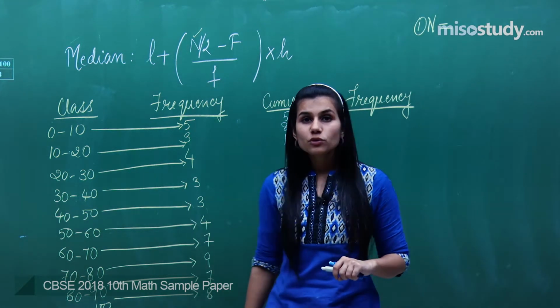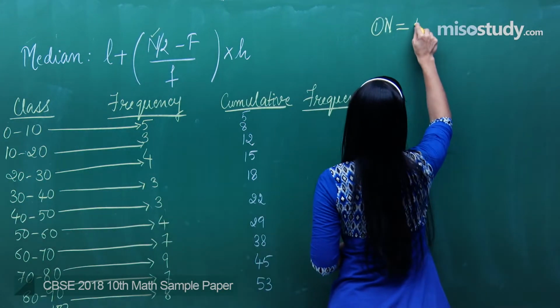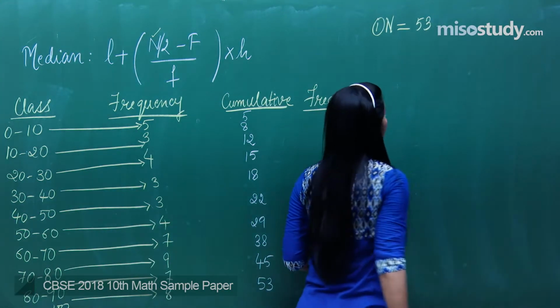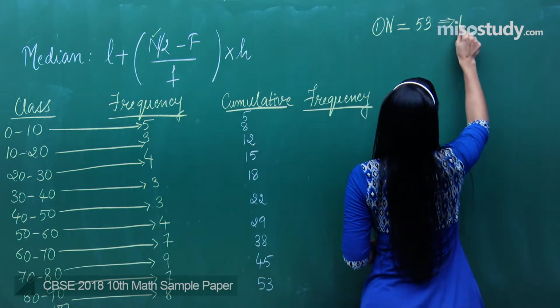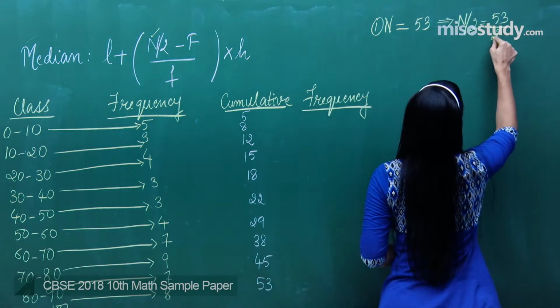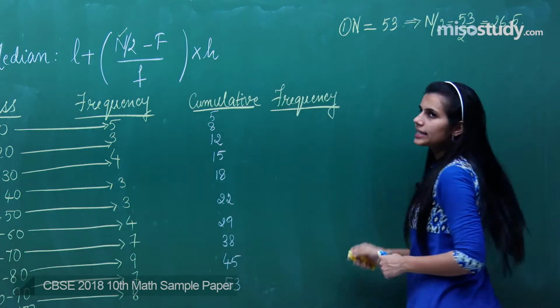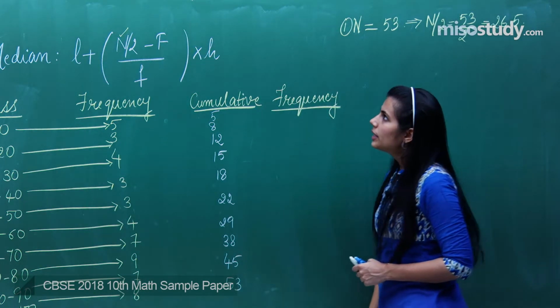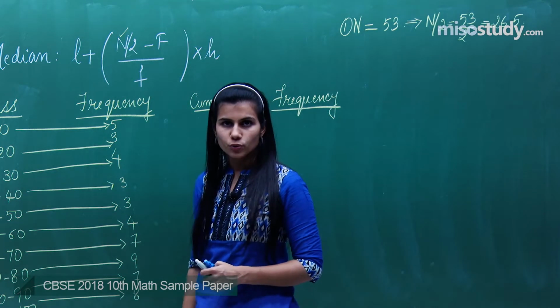That is going to give you 53. So your capital N is 53, which implies that N by 2 is 53 by 2, which is 26.5.